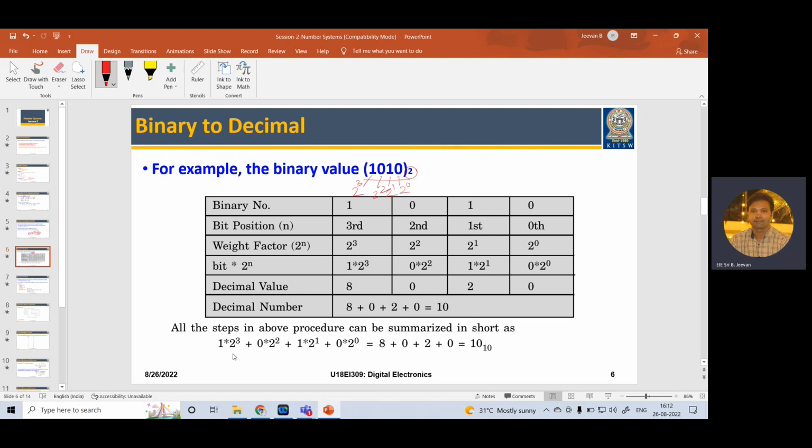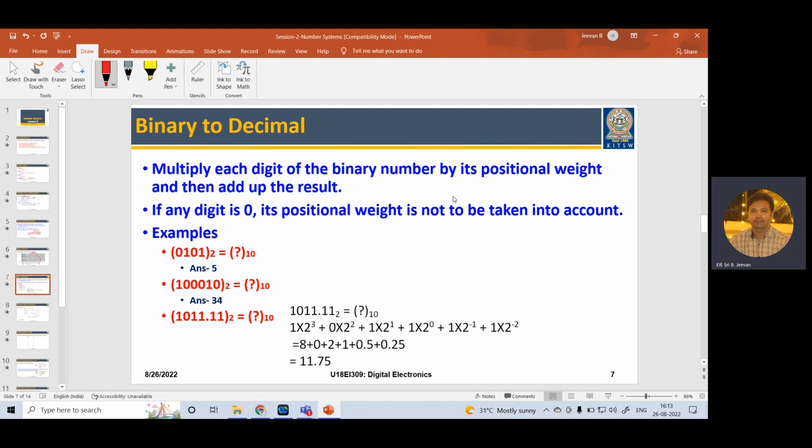So 1 into 2 cube, 0 into anything is 0, 1 into 2 power 1, and 0 into 2 power 0. 2 power 3 is 8, plus 2, so the answer is 10. So 1010 in binary is 10 in decimal. This is how we convert a binary number to decimal.